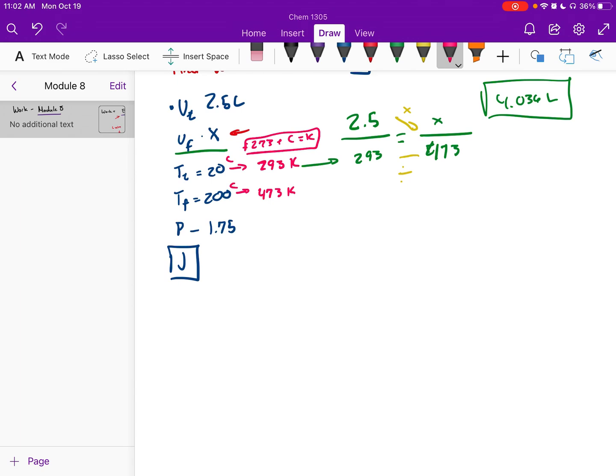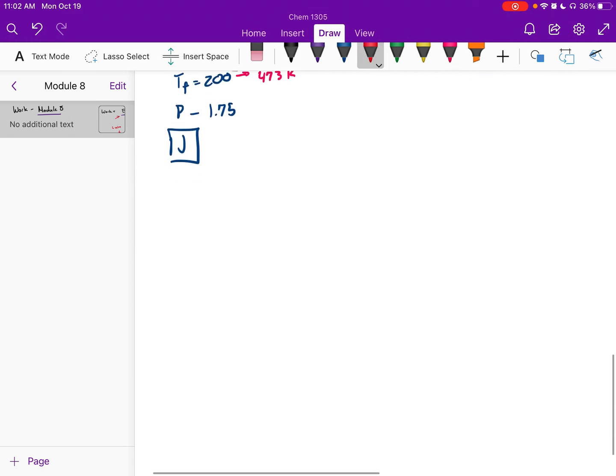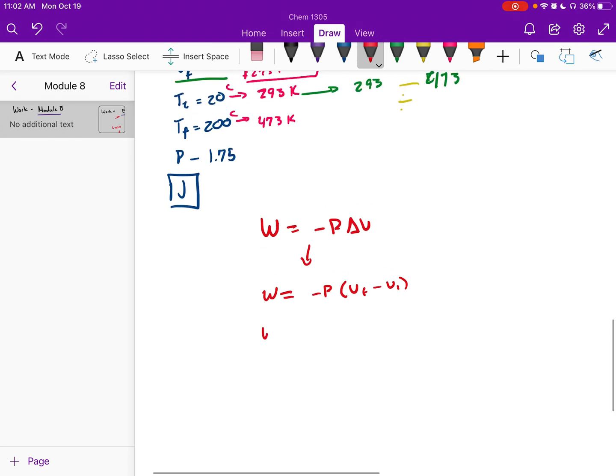Okay, but we have our volume final, and finally we can use our work equation. Remember, that's negative P delta V, or the one I'm going to use is the other one, which is work is equal to negative P times V final minus V initial. Then we'll just plug all of those things together.